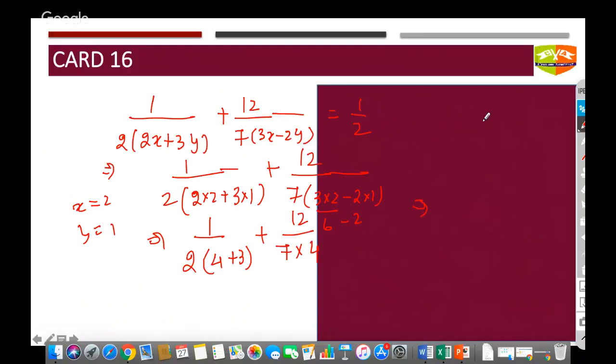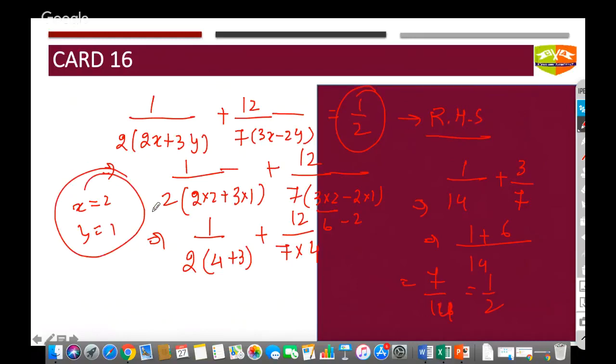So I get 1 by 14 plus 3 by 7. So this is nothing but 14, 1 plus 6. So this gives me 7 by 14, which is equal to 1 by 2, the right hand side here. It means that whatever values of x and y I have got are actually correct.